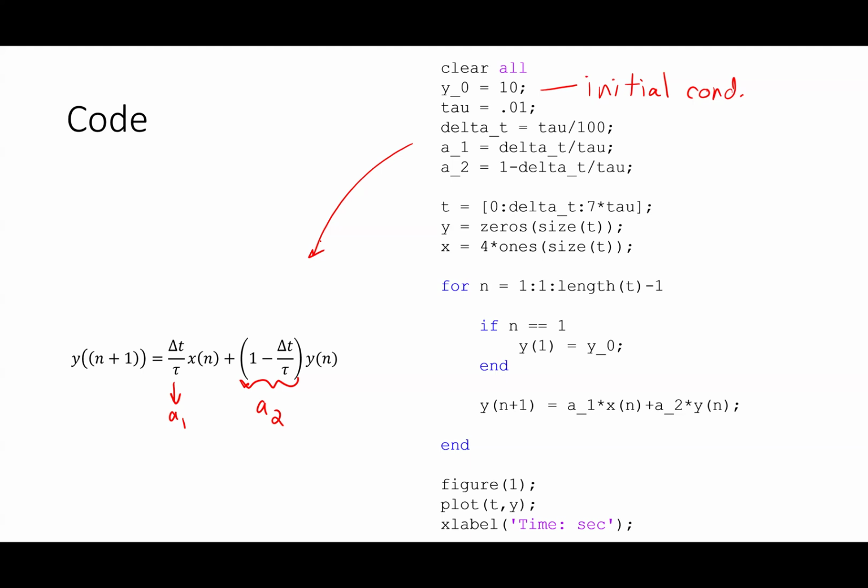All right, then what did I do? What's happening on those two lines? y equals zeros of size t, x equals 4 times ones of size t. What's going on there? Creating arrays.